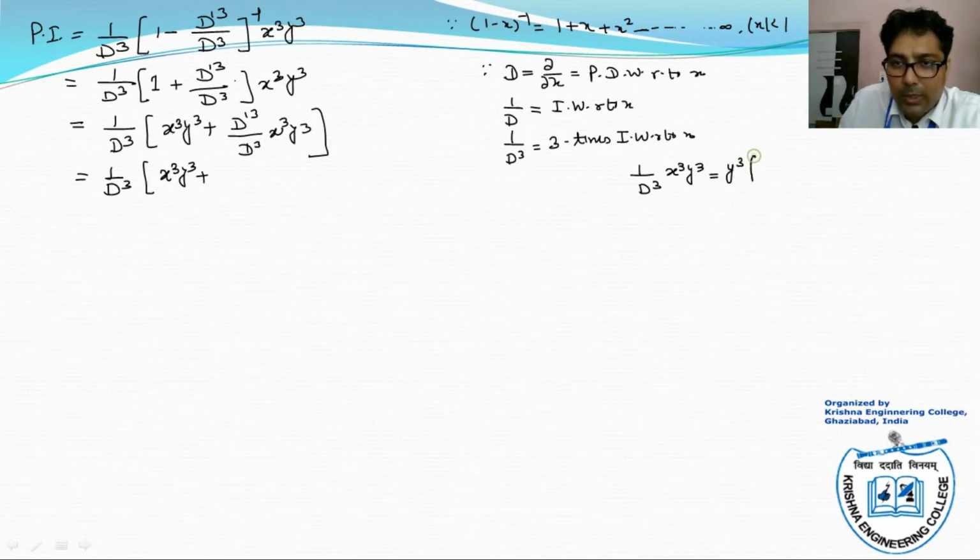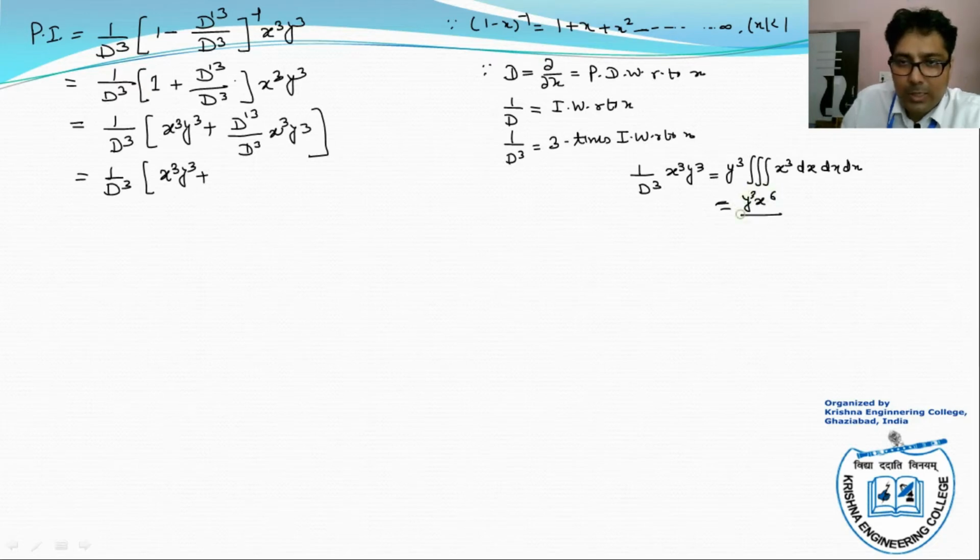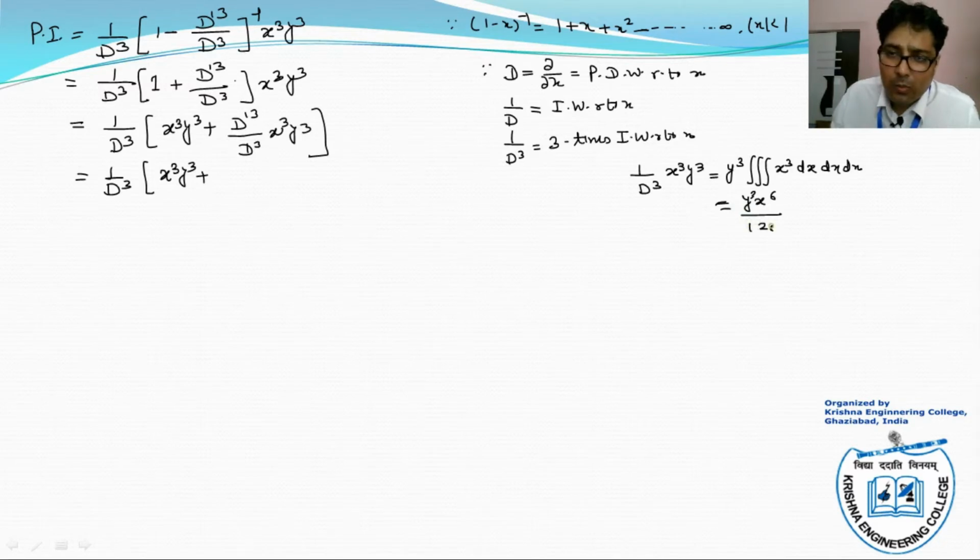So 1 upon D cubed of x cubed y cubed: y cubed is the constant, integrate 3 times x cubed dx dx dx. This becomes x to the power 6, y cubed upon 120, clear?